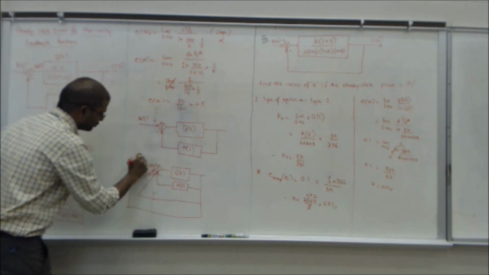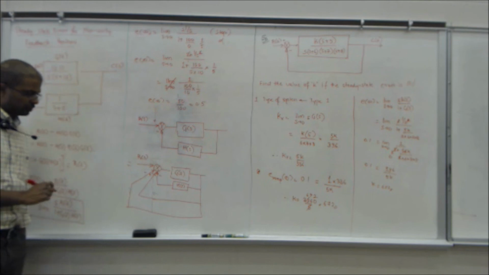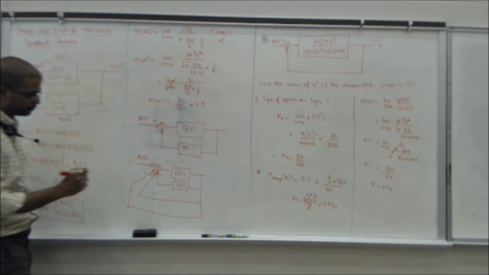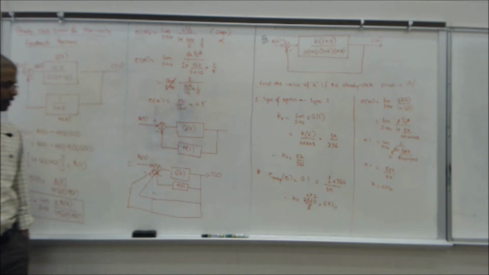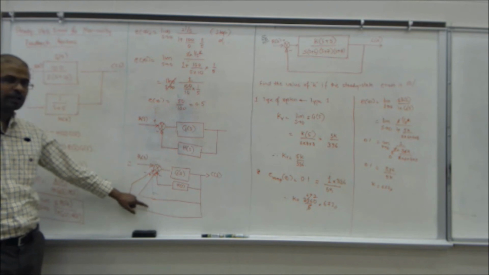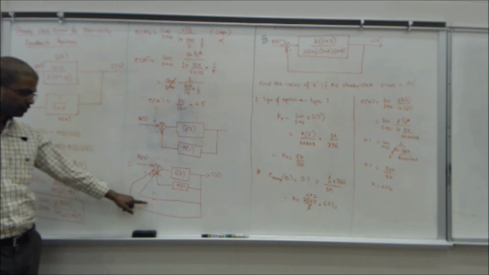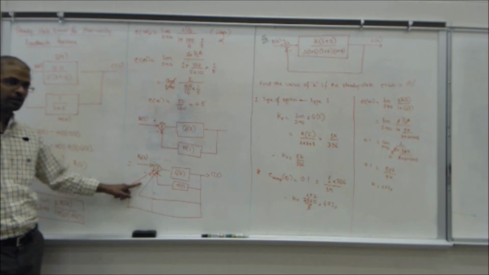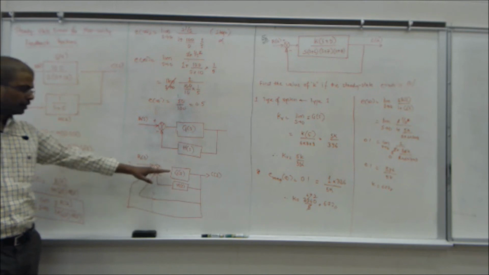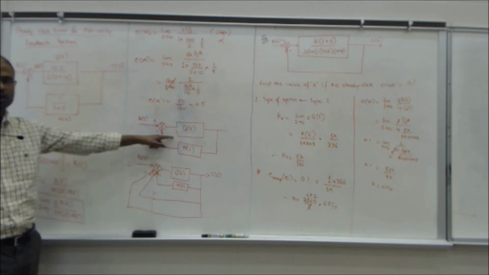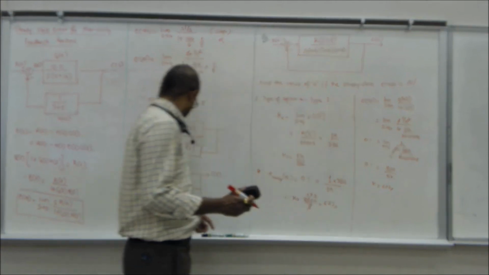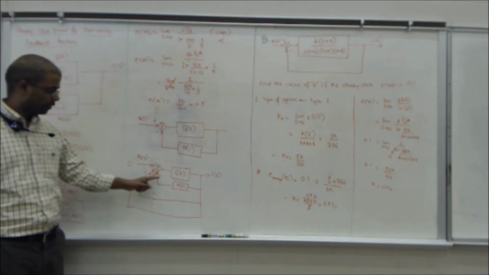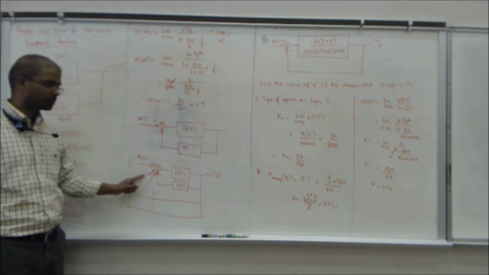Okay. So by adding a plus and minus, nothing has been changed. This is a plus signal. This is a minus signal. You see it? I have not changed anything. If we do the equivalent system, you're still going to end up with the same equivalent system. So you have minus, plus, minus.